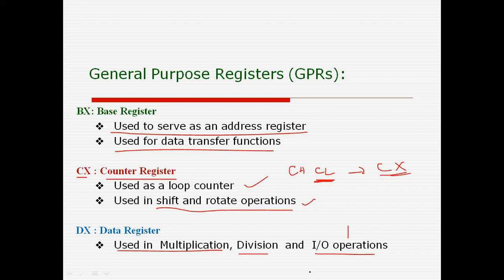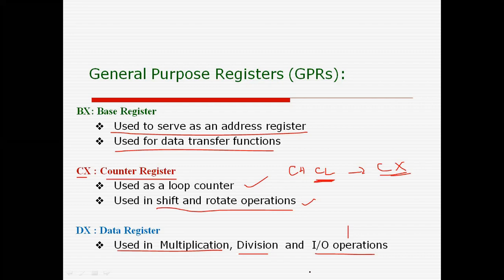Did you understand the general purpose registers? We have 8-bit general purpose registers: AH, AL, BH, BL, CH, CL, DL, DH. These 8-bit registers are combined to be used as 16-bit registers: AX, BX, CX and DX. AX is the accumulator register, BX is the base register, CX is the counter register, DX is the data register.